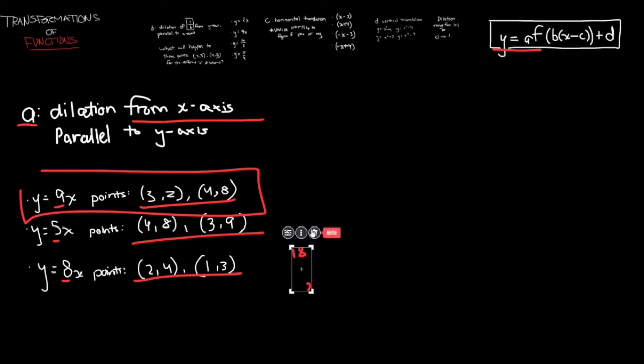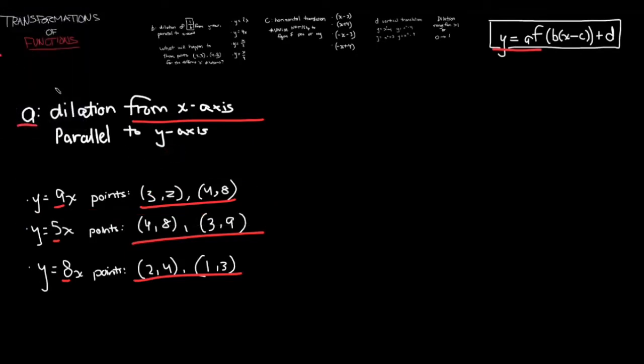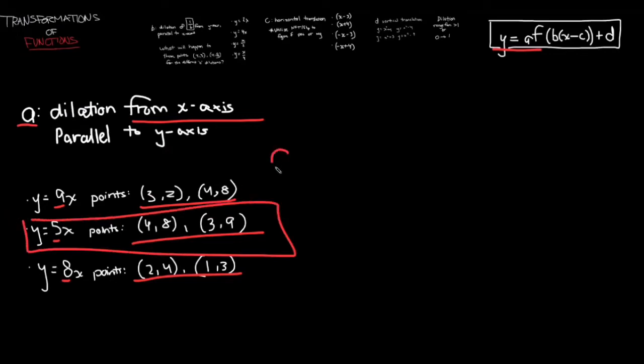So let's just quickly do the rest. So it's just simple multiplication to the y coordinates. So we know that from this one, a is equal to 5, and they've given us the coordinates of (4, 8) and (3, 9).